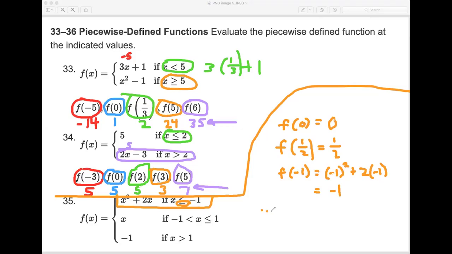If I was doing instead, say, f of 1, that would fit with the middle part. So that is just 1. And let's say I did f of, say, 90. X value 90, you've got to figure out which part that is described in. So it'll be the third one. So it looks like our answer is just -1. Right, so those are some sample calculations there.